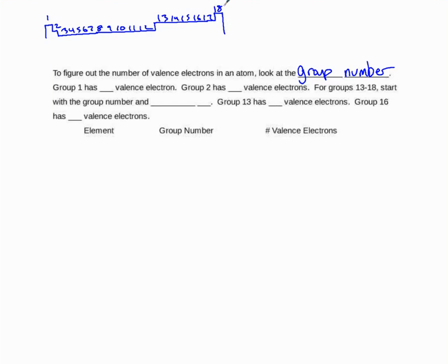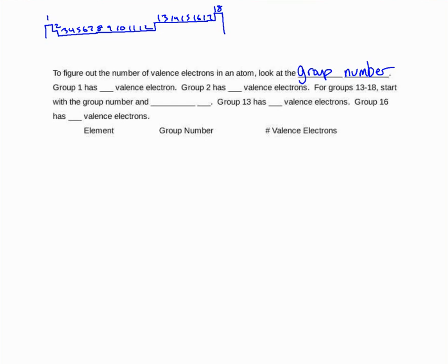If your periodic table does not have group numbers along the top, you might want to write it. These are going to help us figure out how many valence electrons a specific element has. So we're going by the group number.